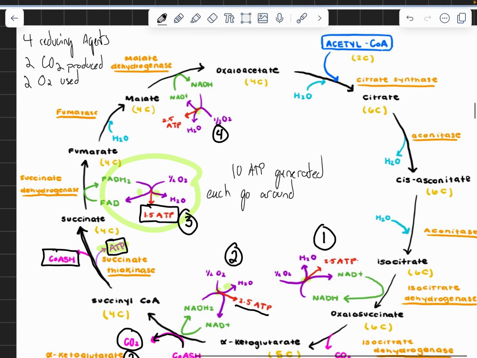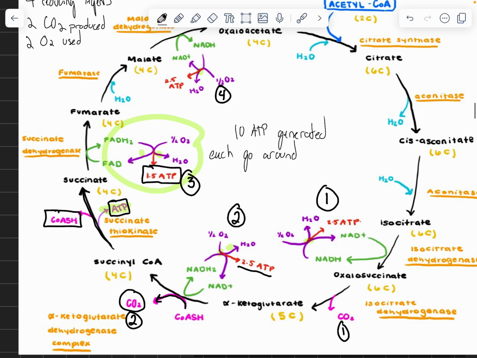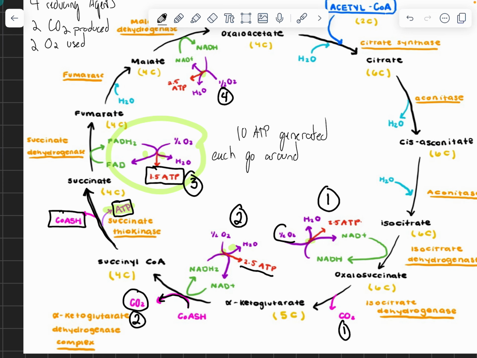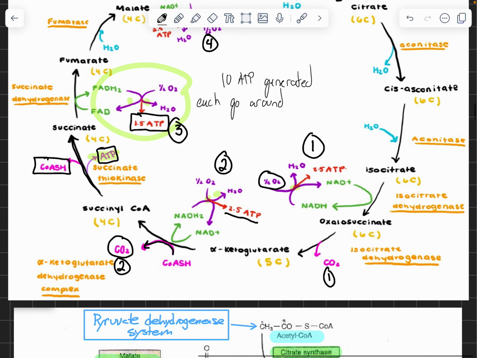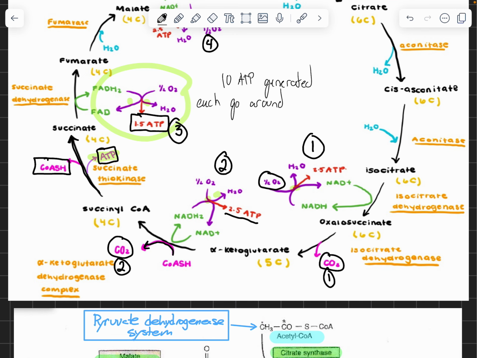And I'll go through the breakdown in a second on the other page. But if you guys look right here, we have 4 redox reactions going, and per redox reaction, we use half of an O2. So if we have 4 total redox reactions going on, in total, we are using 2 total components of oxygen, and we are also producing 2 components of CO2 just down here in these random steps.